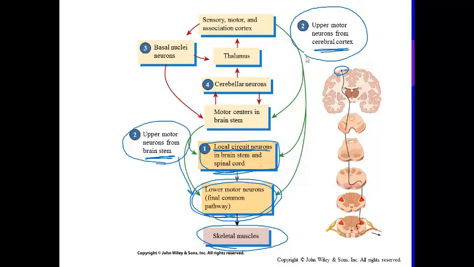And also, our basal nuclei neurons can send a message, and eventually that will influence what to do downstream. And the last one is your cerebellar neurons are also involved. So these are different ways that feed all the information into your lower motor neurons to process.